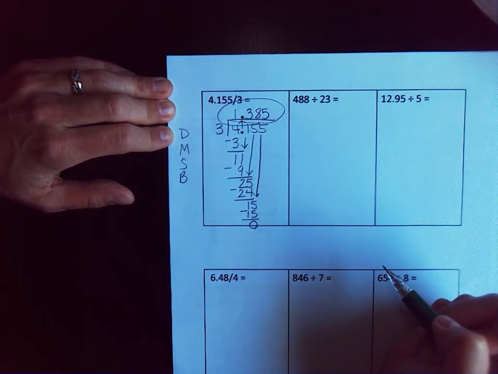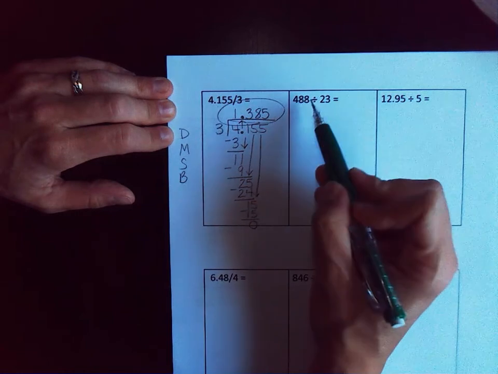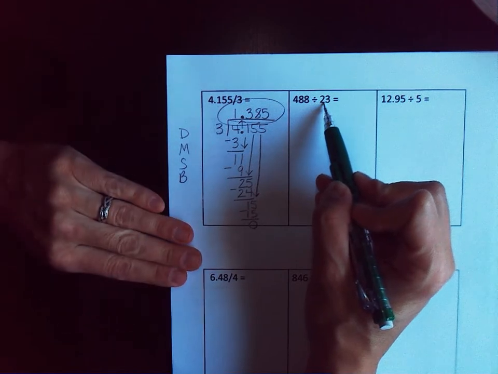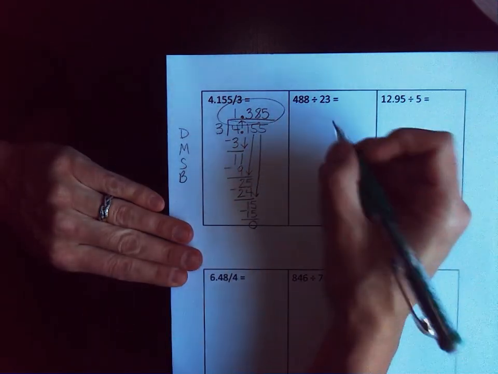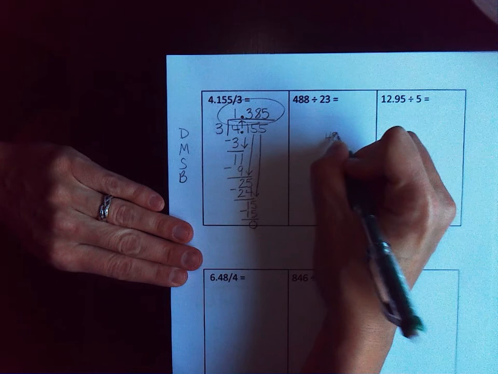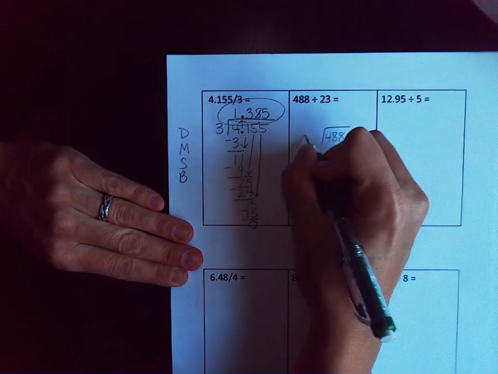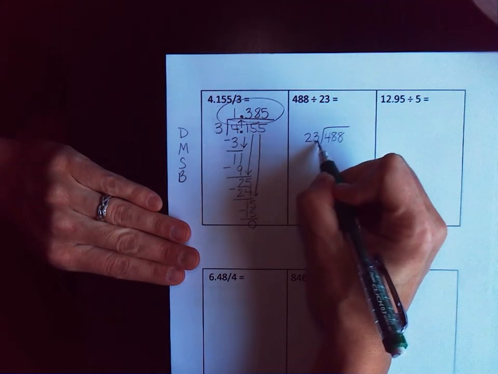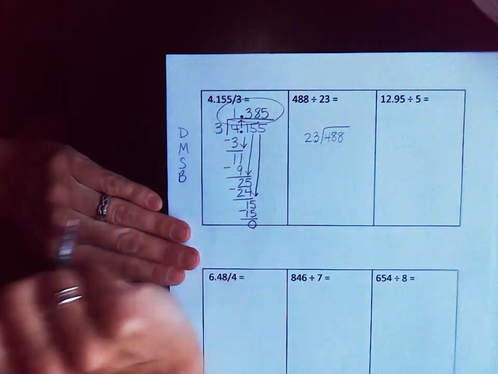Okay, this next one's a little tricky because it doesn't look like we're dividing decimals at all. But yes, we are, okay? We are dividing 488 divided by 23. So when I divide here, you'll see where our decimal point comes in, okay?